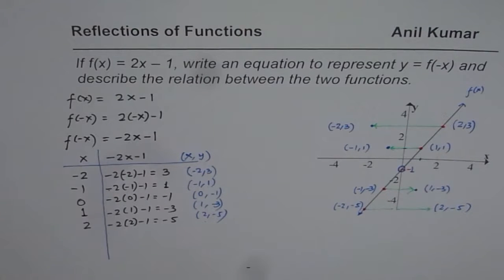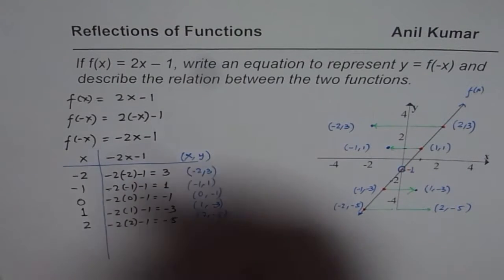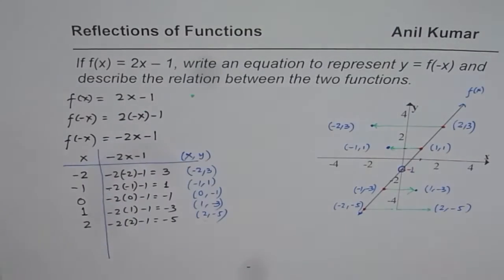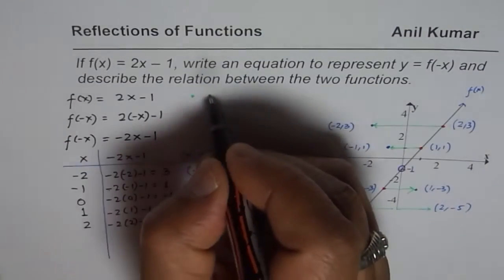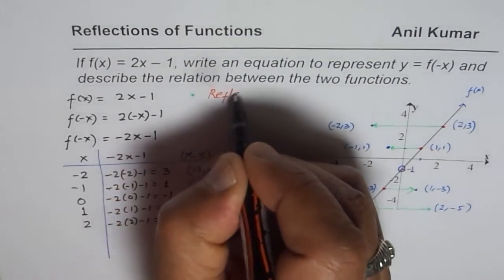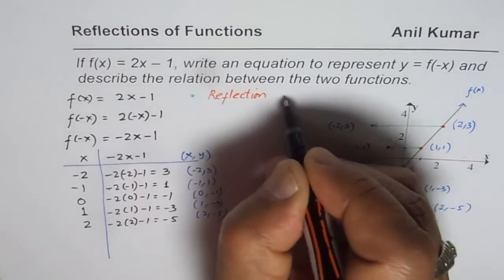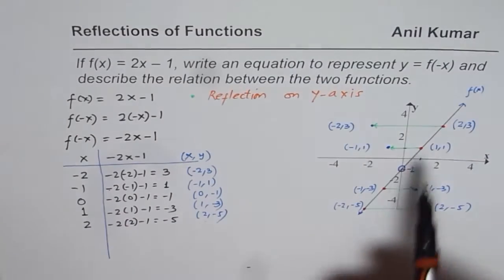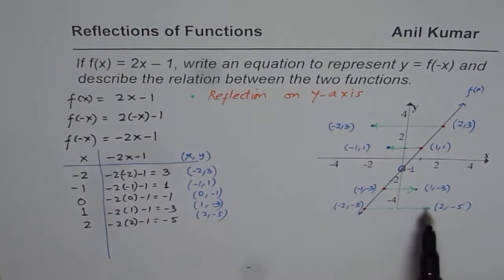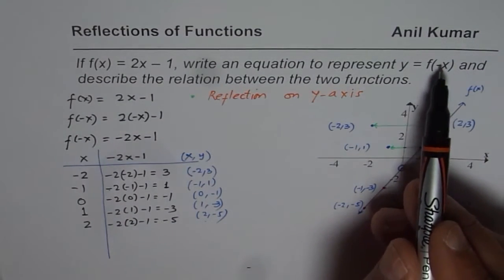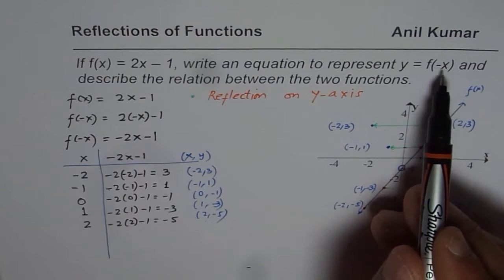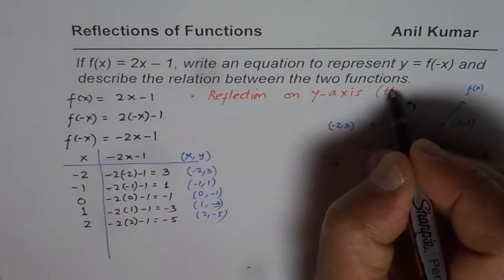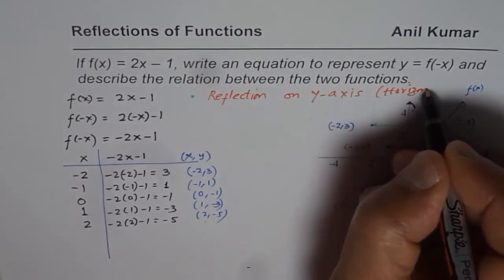So what we observe here first is that for this function there is a reflection on the y-axis. We sometimes say horizontally. Whenever we have something inside the brackets, it is horizontal in nature, right? Is that okay?